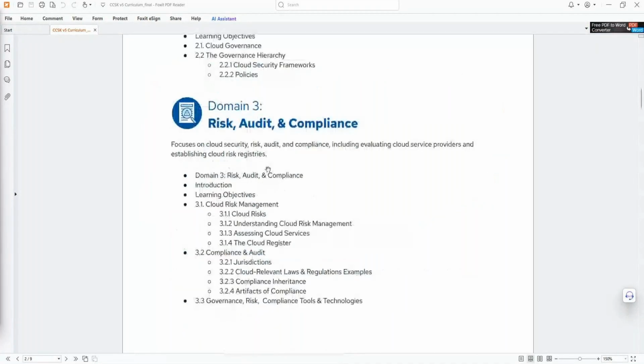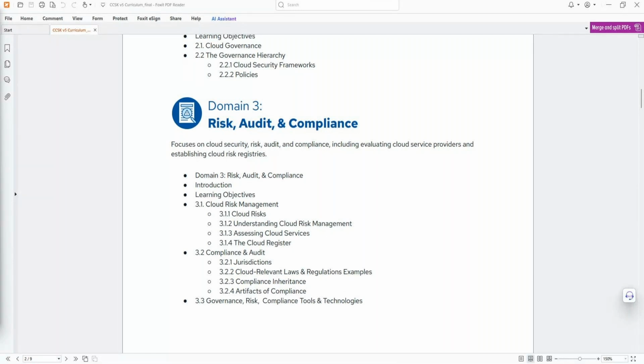Then we have risk, audit and compliance. When you say risk, how do you identify a risk, and compared to on-premises, what additional risk do we have in the cloud platform, and how do you create a proper cloud risk register for your cloud platform, the same way we have a risk register for our on-premises? I hope most of the people here have seen a risk register, right?